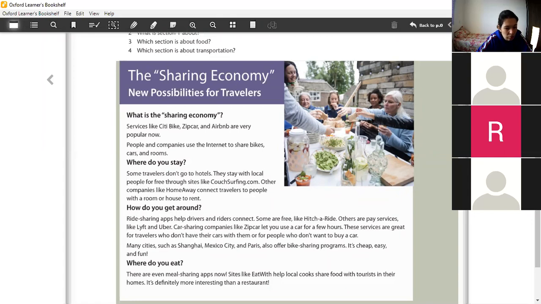Rent. You rent a house with other people. Yes, so you rent a house for you, and maybe this house is someone else's house, and you can stay there in a room or in a specific place, sometimes inside the house with the owner there.